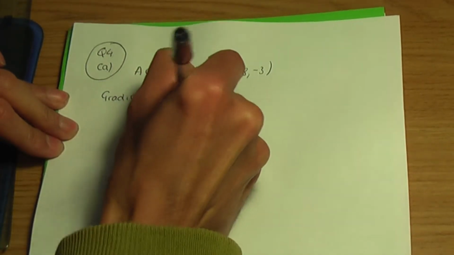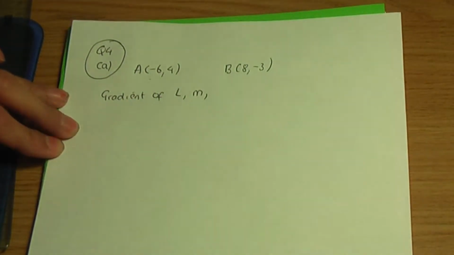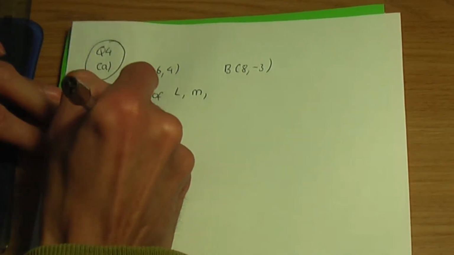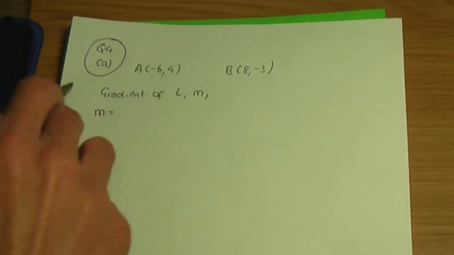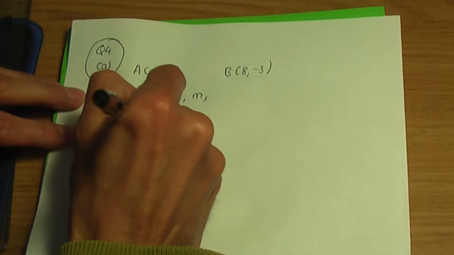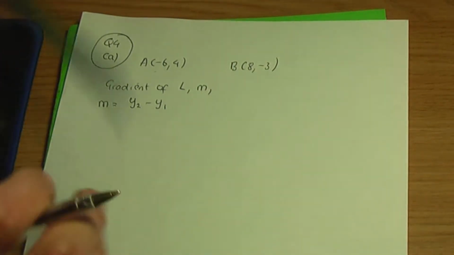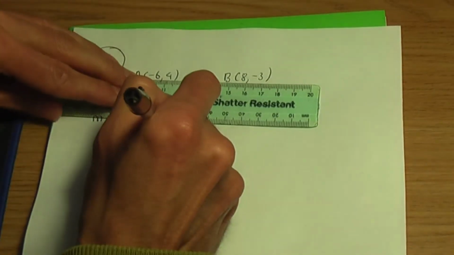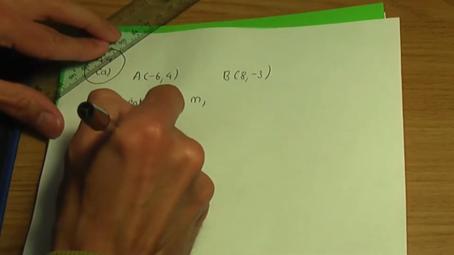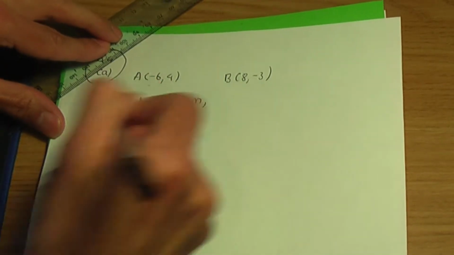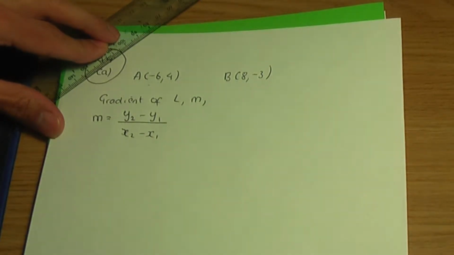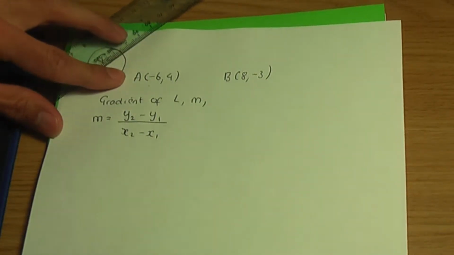So to work out the gradient of the line L, for gradient that's denoted by m, remember the formula. If you're given 2 points, the formula is y2 minus y1, the difference in y coordinates, divided by x2 minus x1, the corresponding difference in x coordinates.